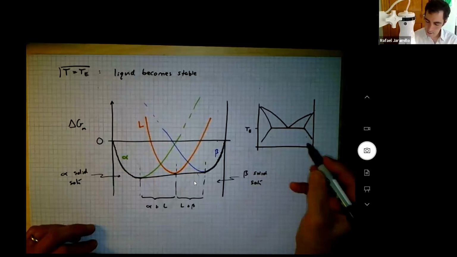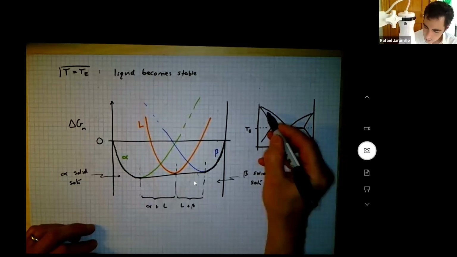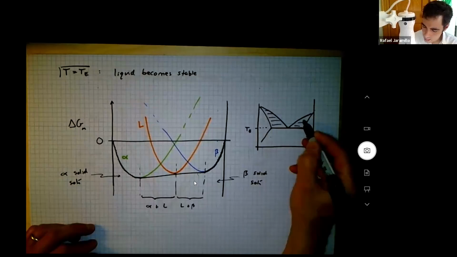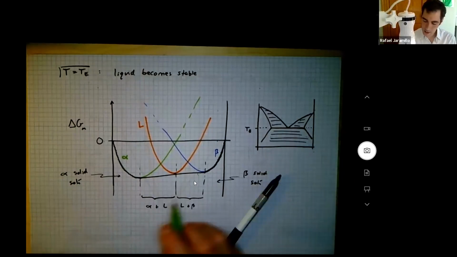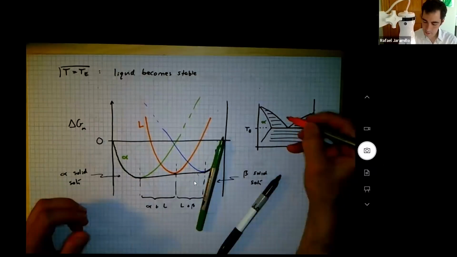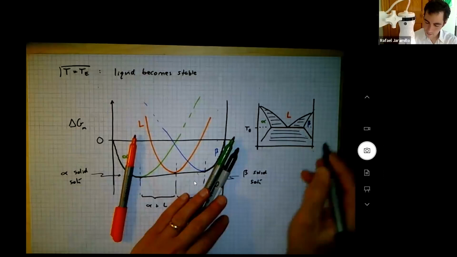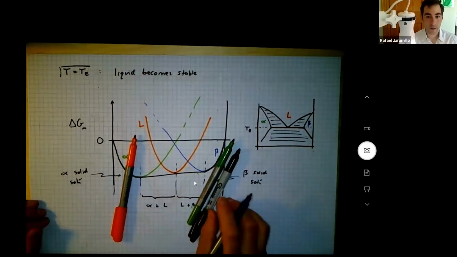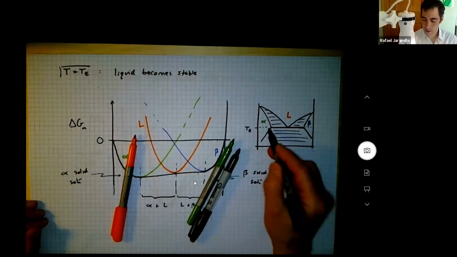Right, so here I have again an alpha phase solution in equilibrium with liquid, which then is in equilibrium with beta. Right there at the eutectic point, and I see the two conditions of common tangency.